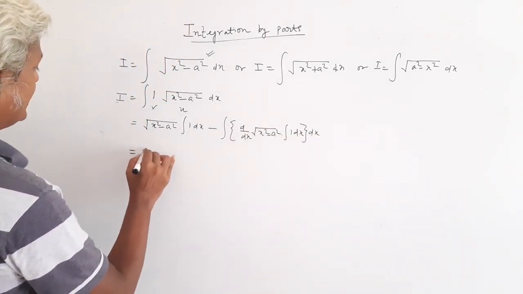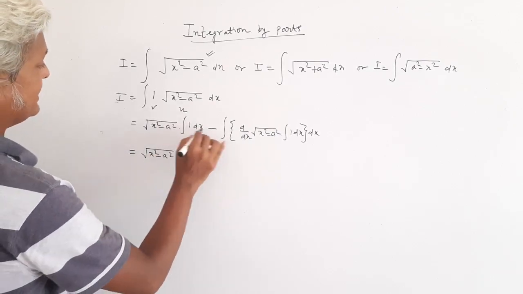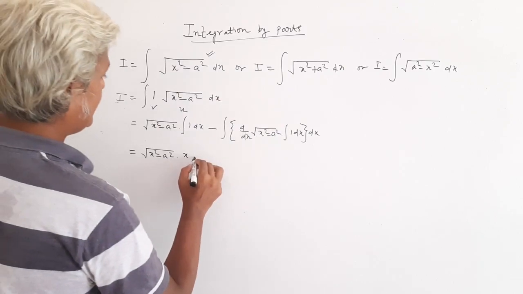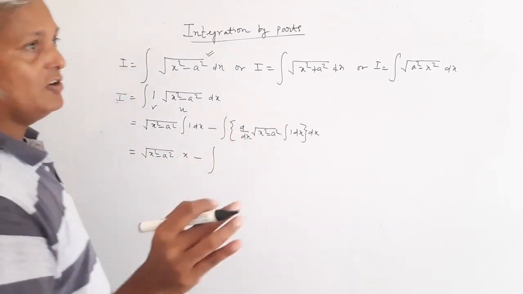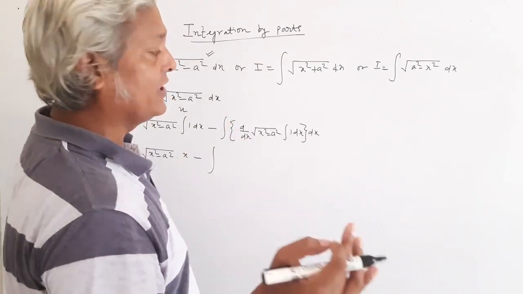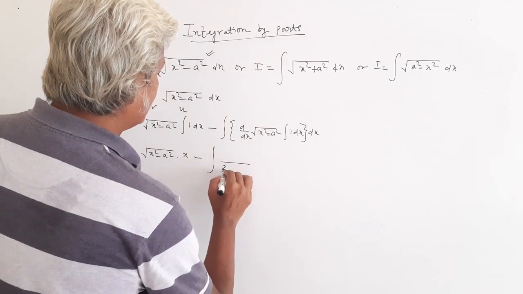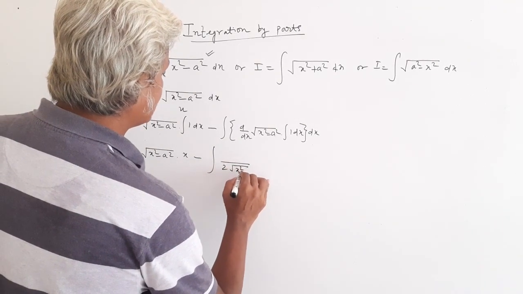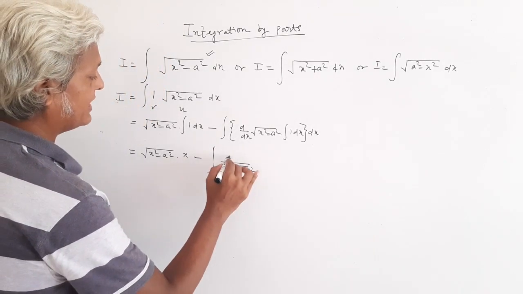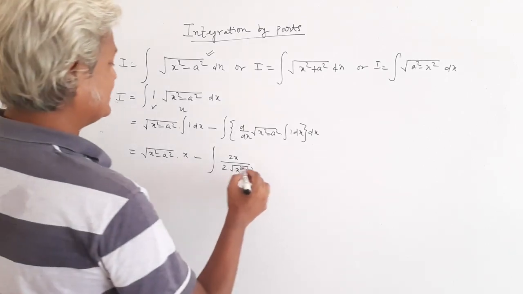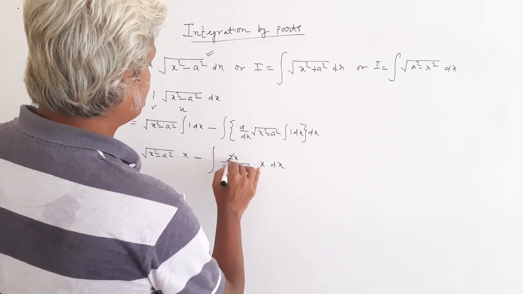So this gives you under root x square minus a square, and integration of 1 is just x, minus differentiation of root x. Differentiation of root something is 1 over 2 root something, that is x square minus a square, into differentiation of x square minus a square again, which just gives you 2x, and into x and dx. Now these two cancel.